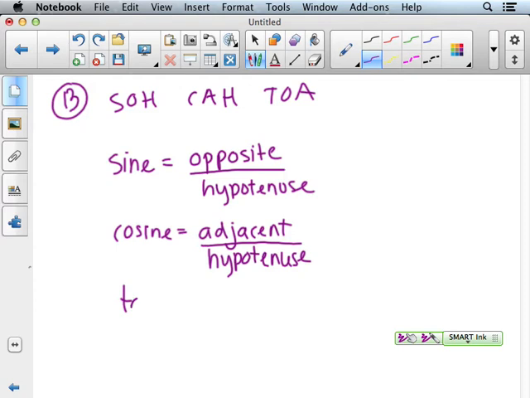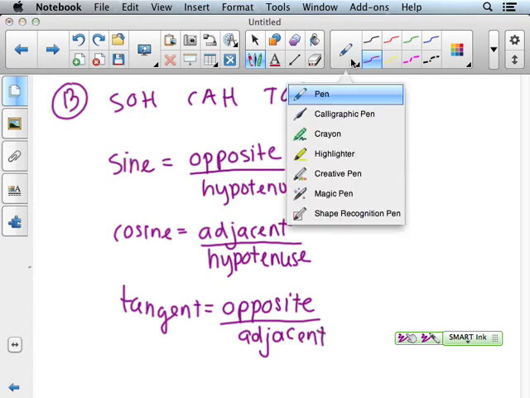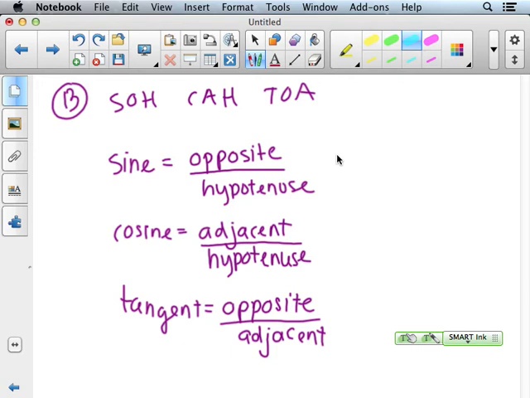And tangent is the opposite divided by the adjacent. And that's it. Okay, so SOH CAH TOA. Opposite, opposite. Hypotenuse, hypotenuse.